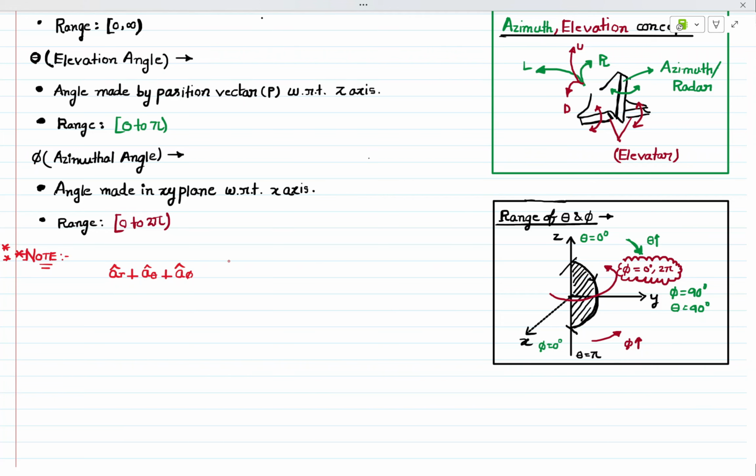Okay. That means the unit vectors are perpendicular to each other, which means AR, A theta and A phi are orthogonal.